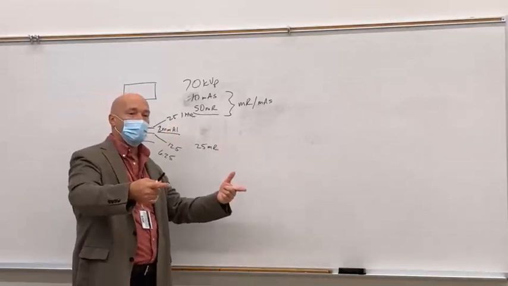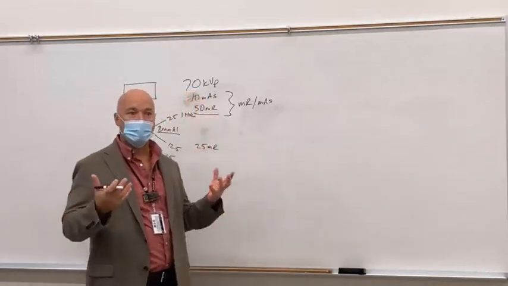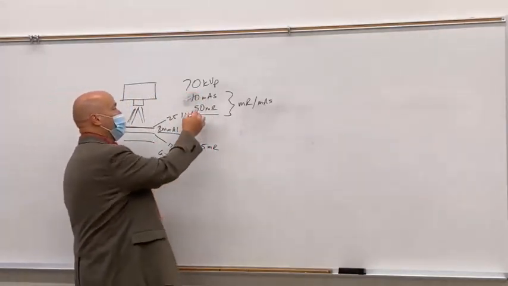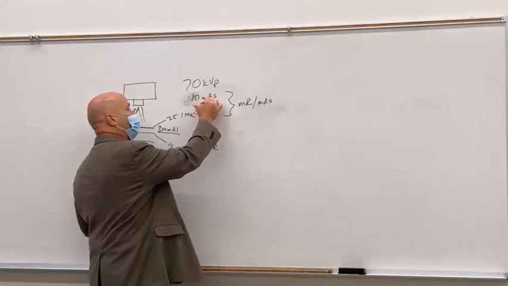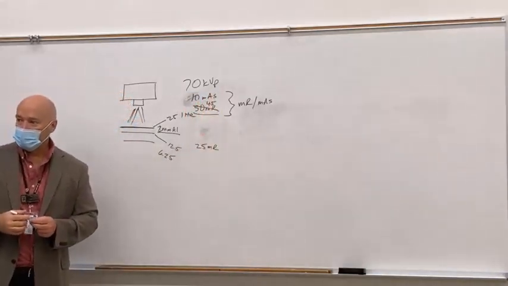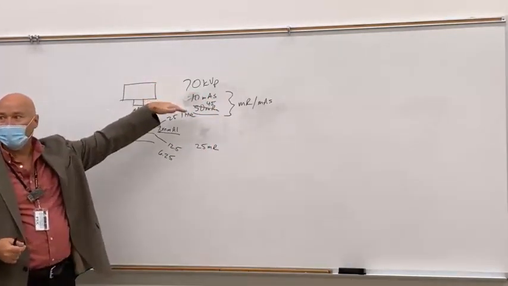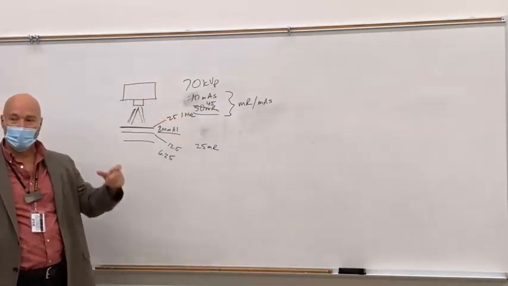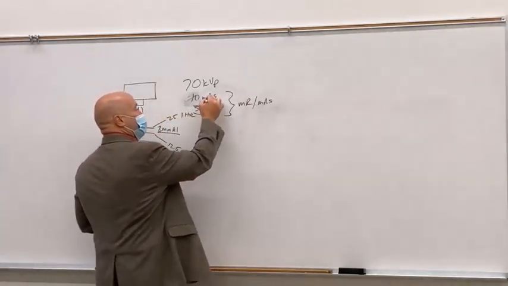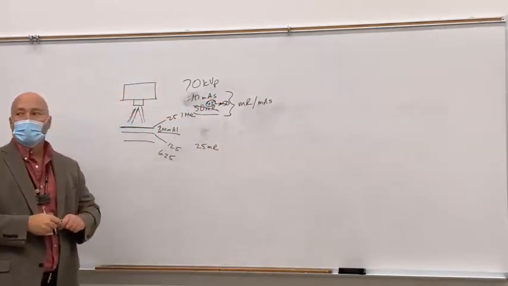But over the course of the year, that filament is going to coat the inside of that X-ray tube, and it's going to absorb more and more of those X-rays, so that at the end of the year, that might not be 50 MR, it may be 45 MR. But he needs it to be 50, because that's what it should output at 70 kVp at 10 mAs. So he's going to have to get into the machine, tweak it a little bit, and bring that 45 back up to 50, okay?